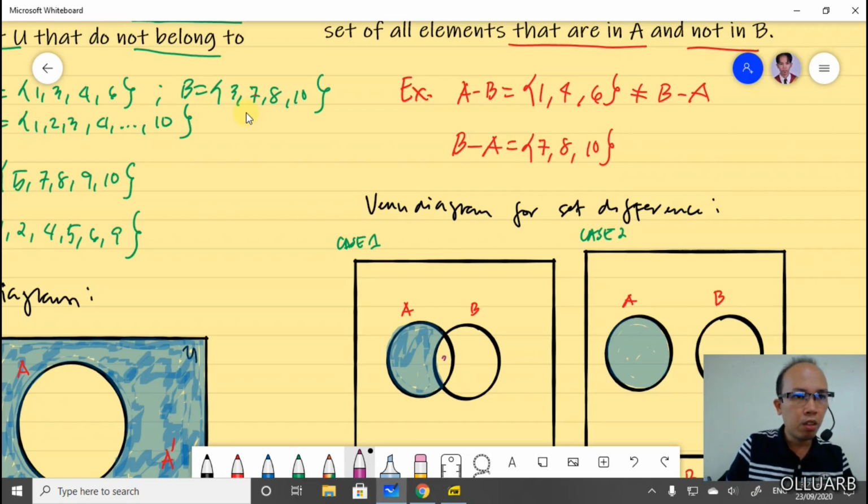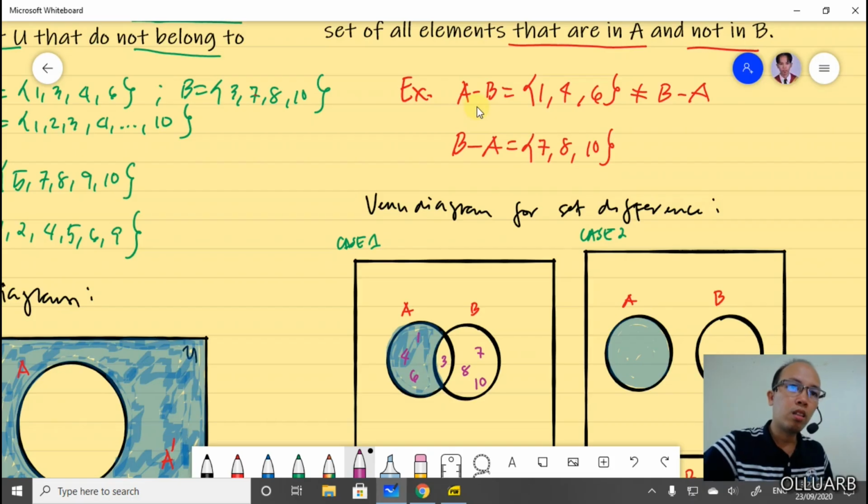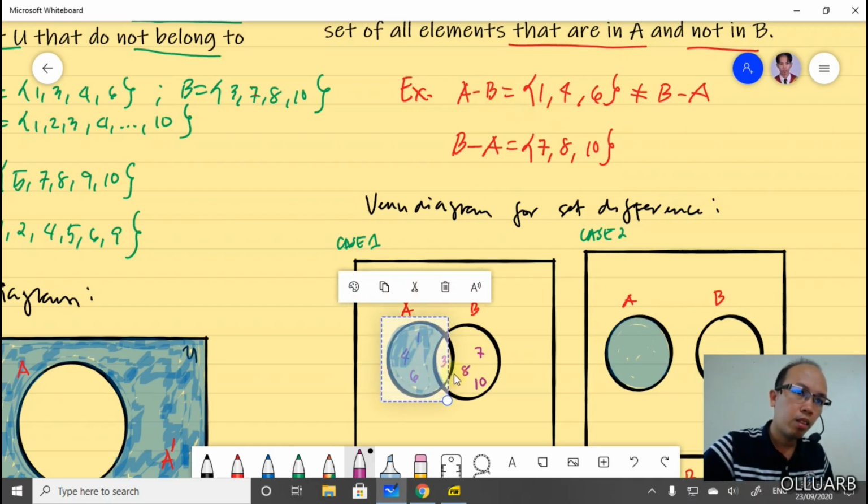Can we put it here? 3, and then there's no other common element. So 1, 4, 6 is here, and 7, 8, and 10 are here. Notice in our example, the values that we get when we apply the operation set difference are clearly in the shaded region: 1, 4, 6.